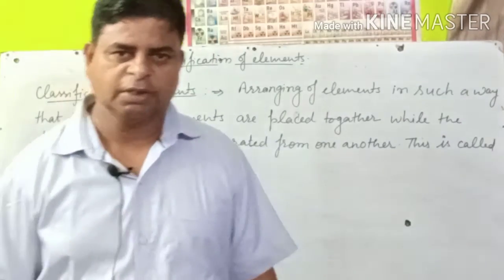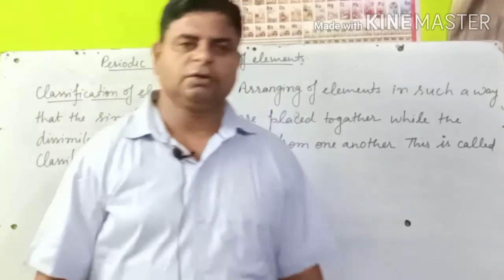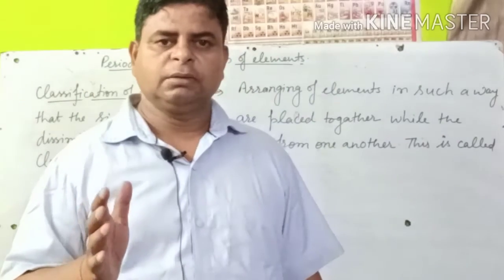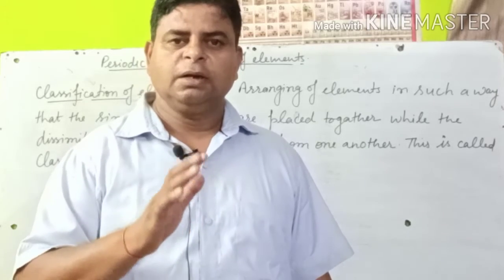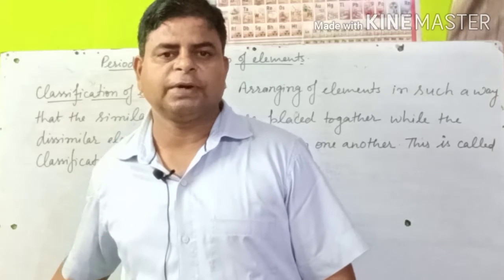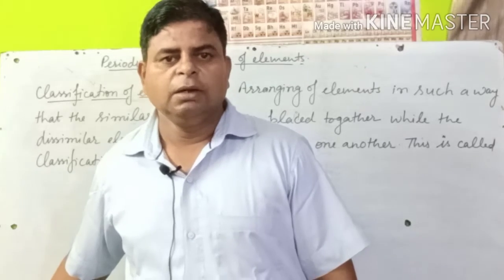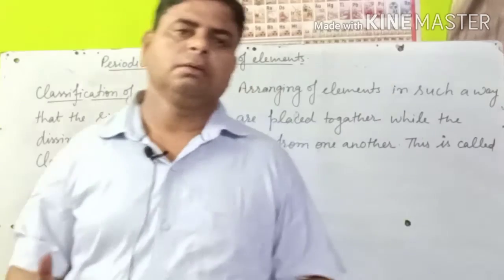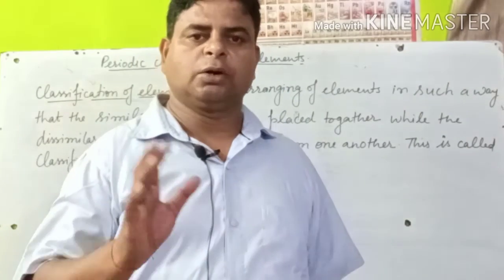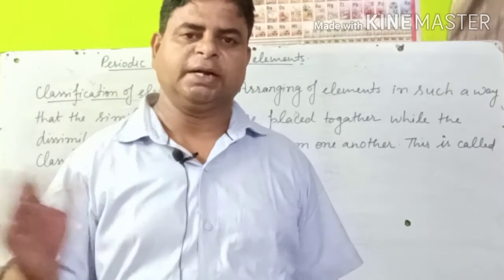What is the need of classification? As the various scientists worked on the classification of elements, they arranged the elements in a particular form so that the study of different elements becomes easier and convenient, because there are various discovered elements at the time of different scientists, and they could not learn or explain the properties of each and every element separately.